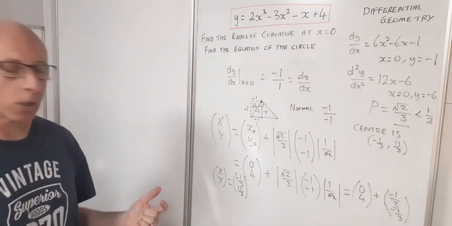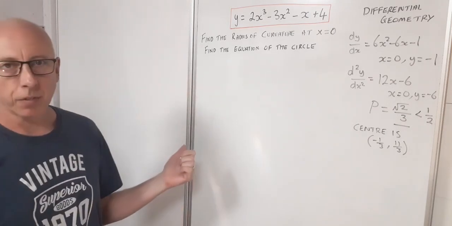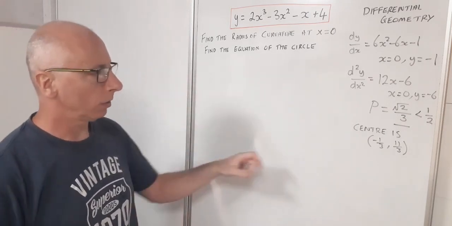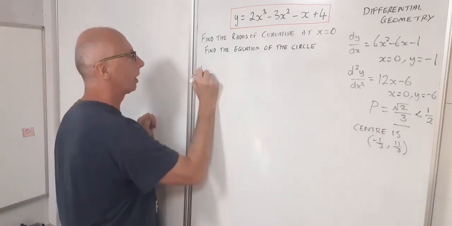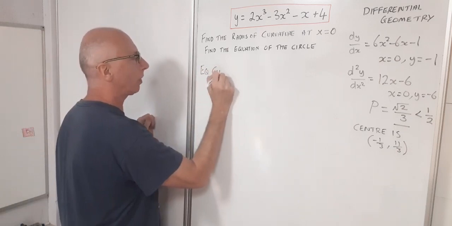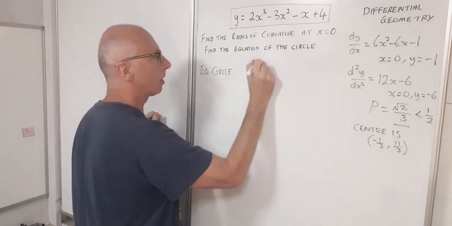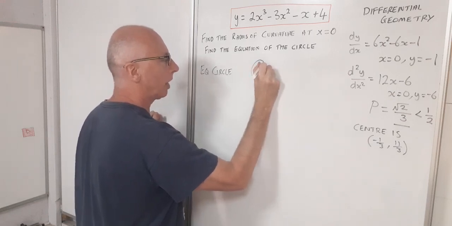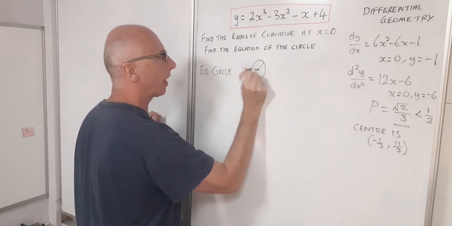So now let's draw up the equation, take this off the board. So to find the equation of the circle, when we've got the centre and the radius, we know a general formula for that. So equation of a circle, and let's say we've got this circle here, and this point here, let's just put a line there for that.